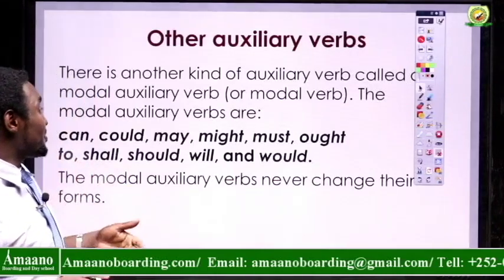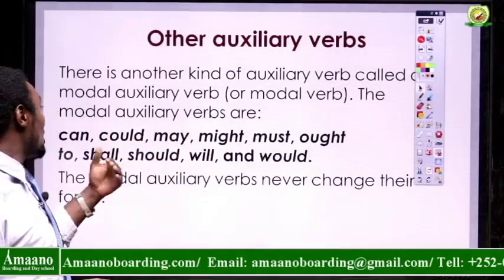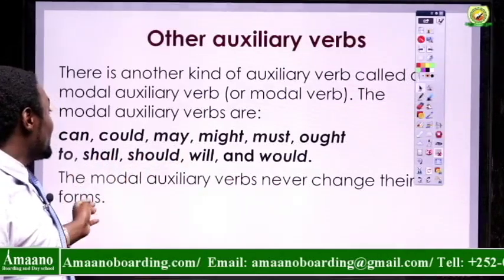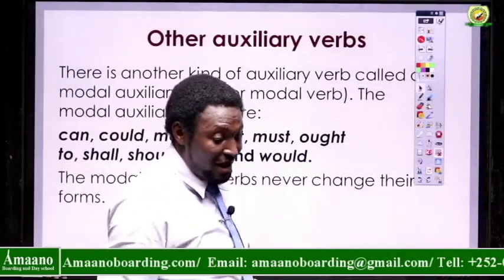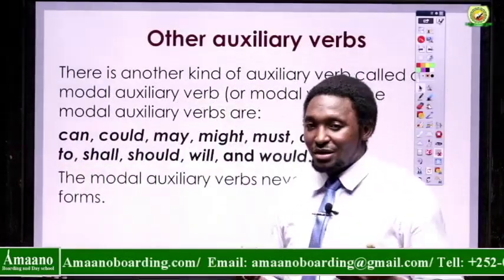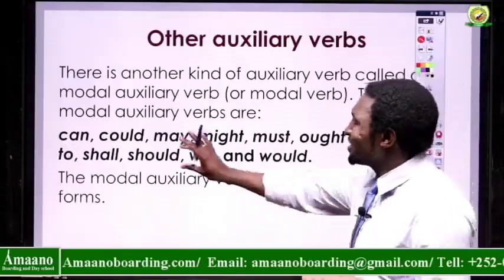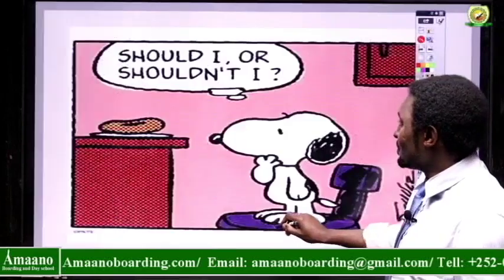The modal auxiliary verbs examples are can, could, may, might, must, ought to, shall, should, will, and would. The modal auxiliary verbs never change their forms. So this is another topic, another lesson for another day. But at least I will show you a few examples of the modal verbs before we end the lesson.